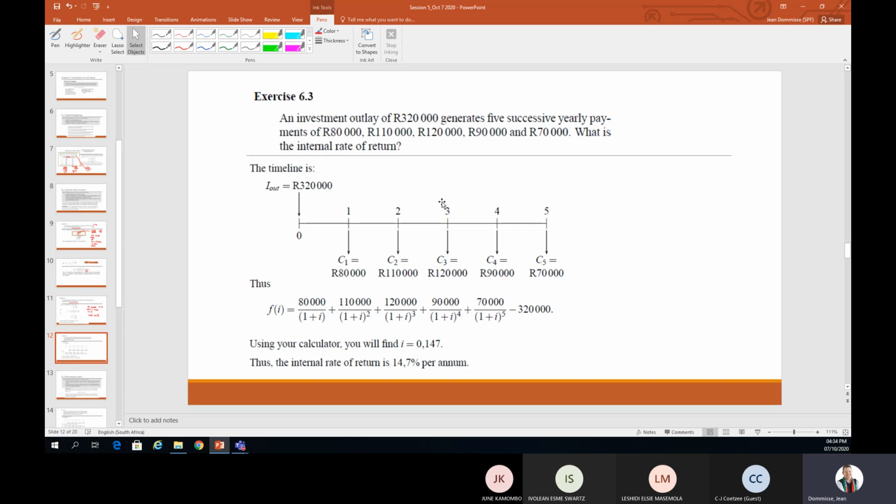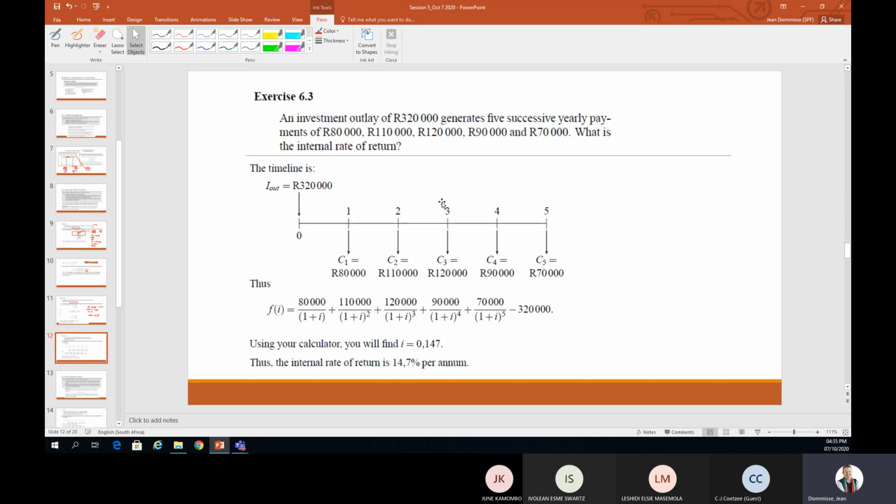The previous one was the same amount paid every year over 8 years. This one, you're making an investment of 320,000, and after year 1 you're getting 80,000 back. After year 2 you get 1,000 back. So they again want you to work out the internal rate of return.